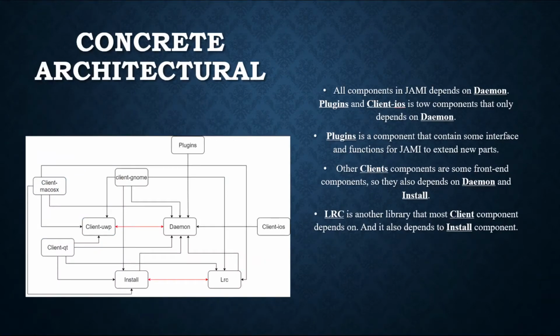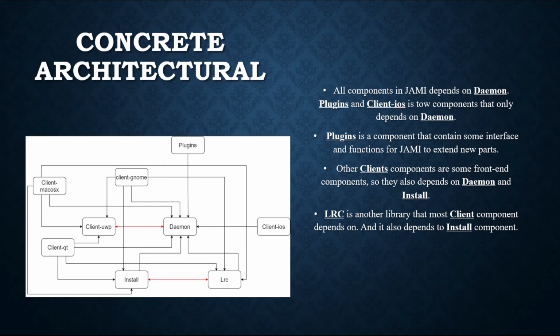Concrete architecture of Jami. There are 9 components in Jami: plugins, LRC, install, daemon, and 5 other client components, which are client macOS, client GNOME, client UWP, client Qt, and client iOS. The daemon component is the most important part in Jami because every other 8 components depend on daemon.